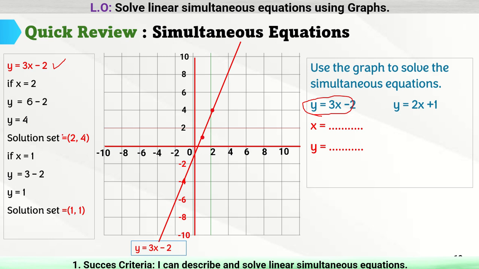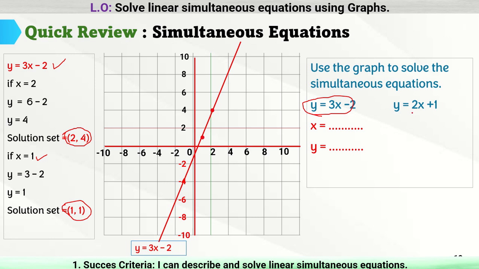So y will be 4. So my first solution set is 2 and 4. Similarly, if x is equal to 1, then 3 times 1 minus 2, 3 minus 2, y equals 1. So this is my second solution set. Now I can draw the points on the graph and I will get this line on the graph.